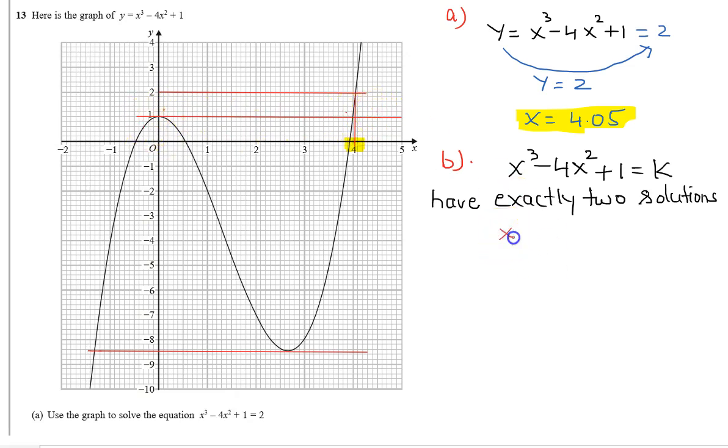So x is equal to 1. If x is 1, this graph is having only two solutions, exactly two solutions.